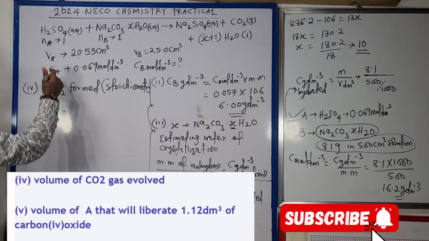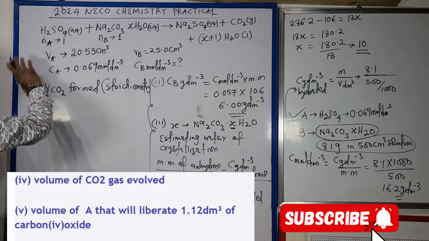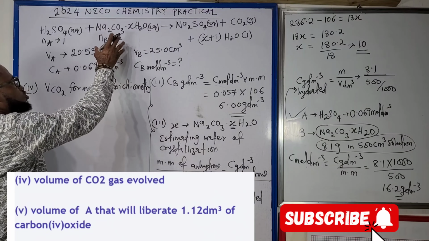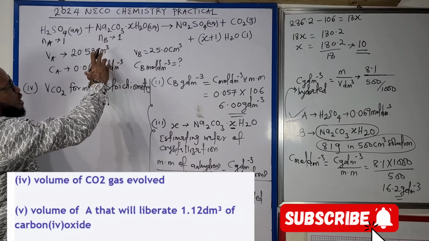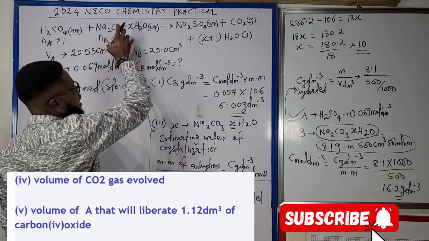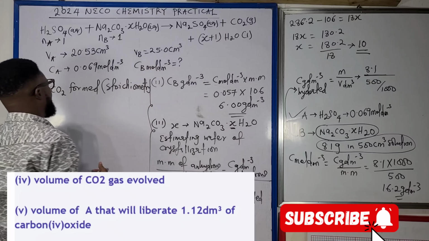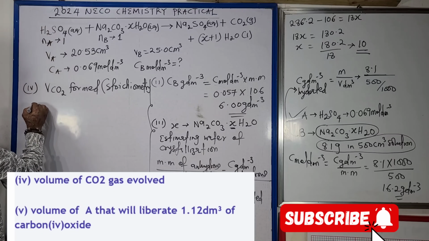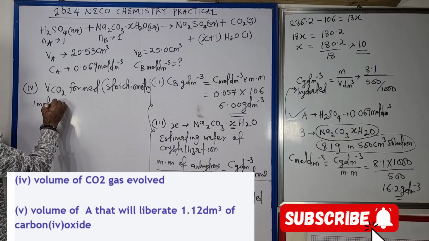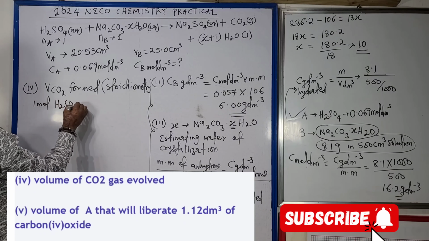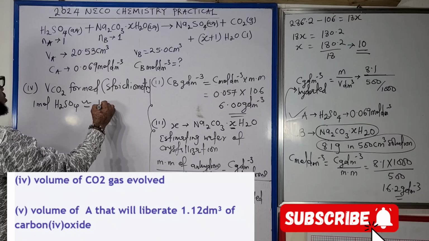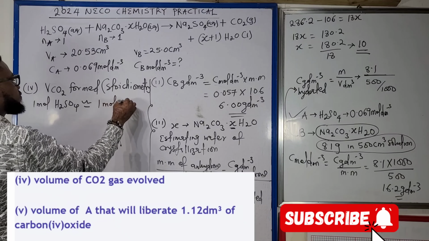I'll work out the volume of carbon dioxide using H2SO4, and based on questions I've been asked, I'm also going to work out the volume of carbon dioxide using sodium carbonate, and you're going to see that we get the same answer. So based on this, 1 mole of H2SO4 is stoichiometrically equivalent, from a balanced equation, to 1 mole of carbon dioxide.